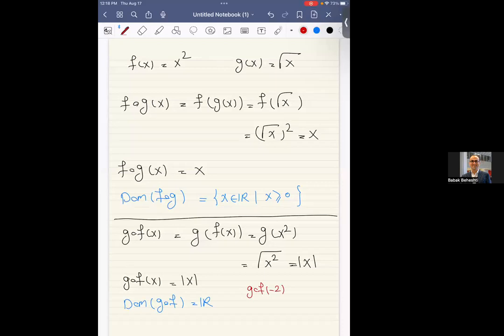This is just the square root of -2 squared, right? -2 squared is 4, so it's the square root of 4, which is 2. Or you can say it's just the absolute value of -2, which is 2.